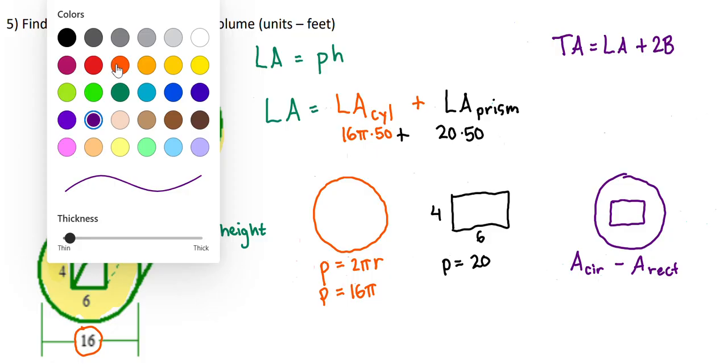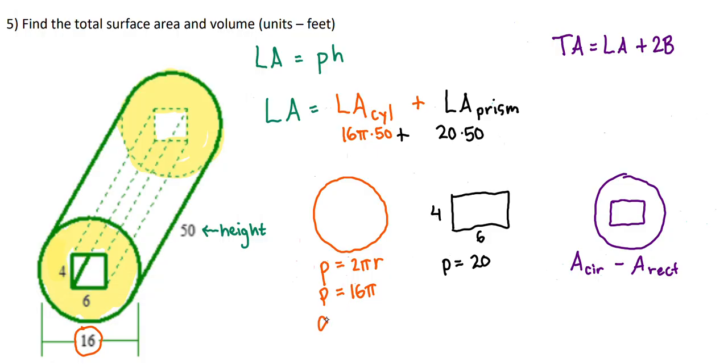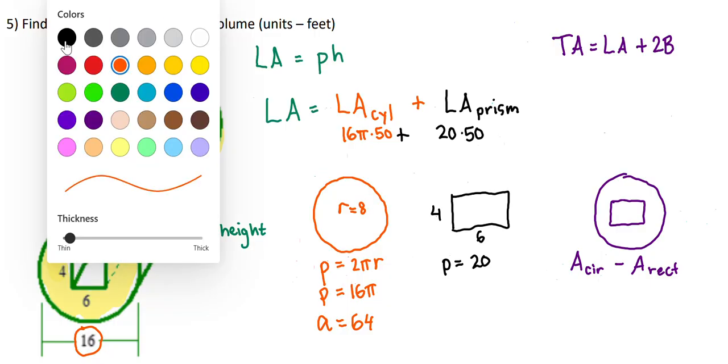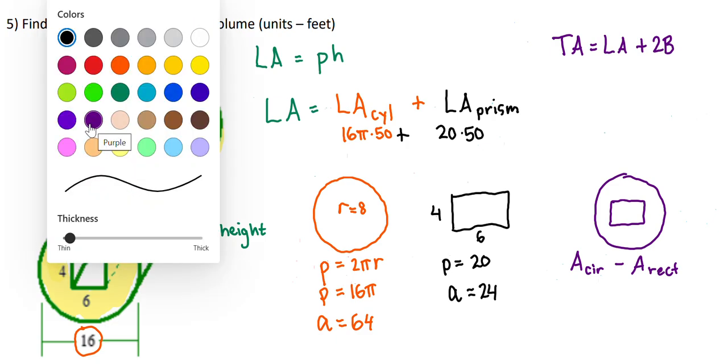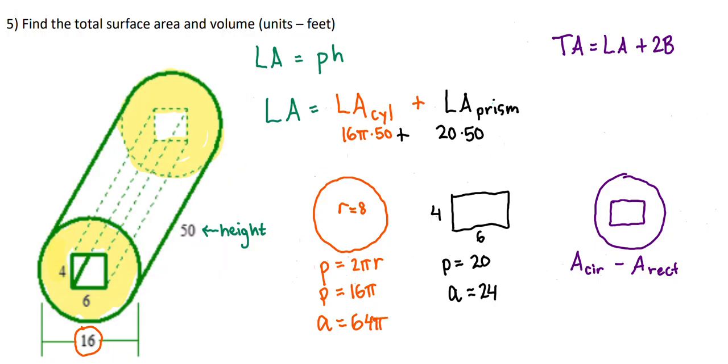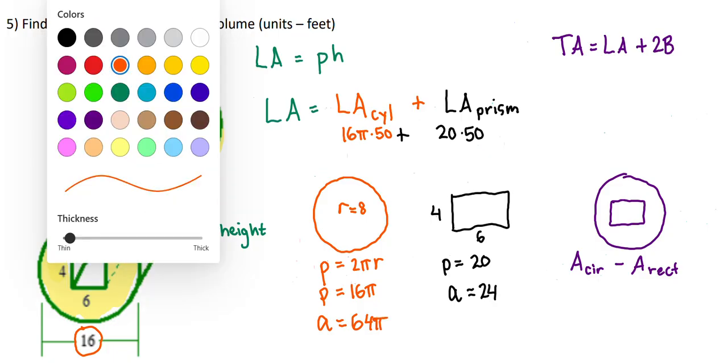The area of the circle would be pi r squared, so 64 pi because r is 8. And the area of the rectangle would be 24. So the area of the base would be, oops, I forgot the pi, 64 pi minus 24.